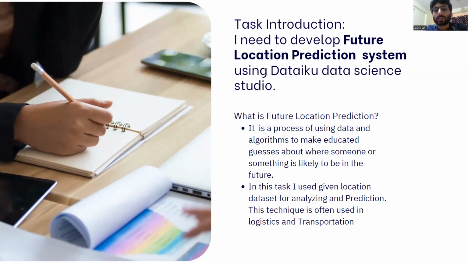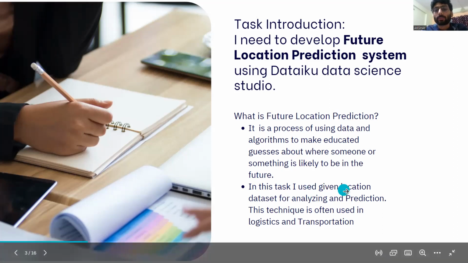Future location prediction is a process of using data and algorithms to make an educated guess about where someone or something is likely to be in the future. In this task, I used a given data set which was provided to me through mail for analysis and prediction. This technique is often used in logistics and transportation.